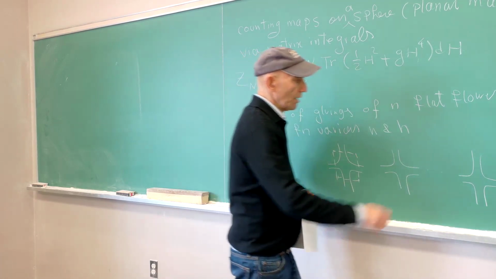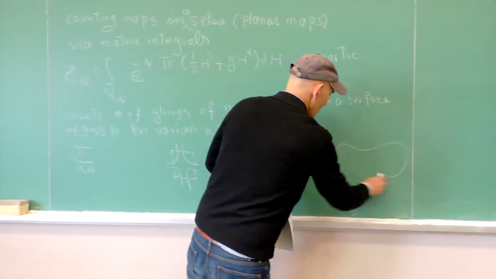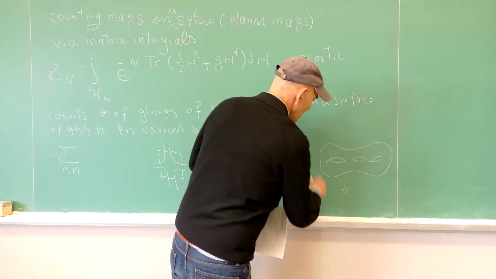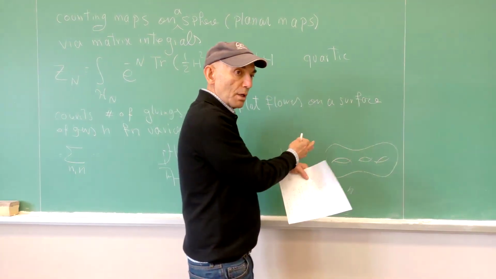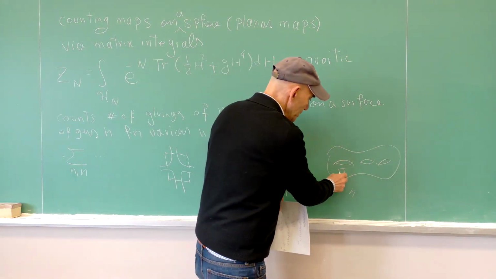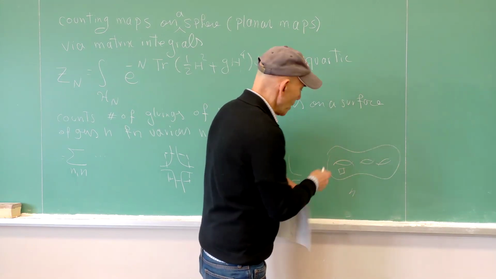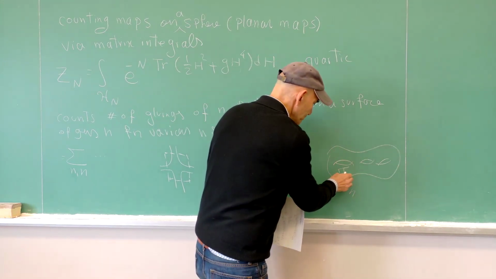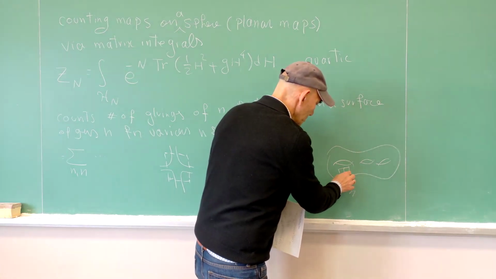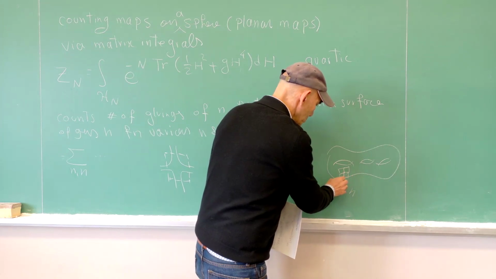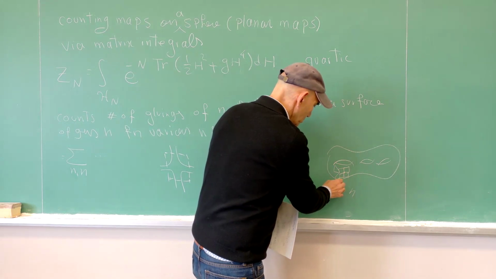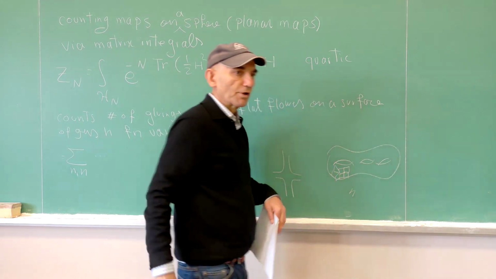You have a surface of some genus H, and then you count in how many different ways you can tile this by quadrangles, by four-gons.